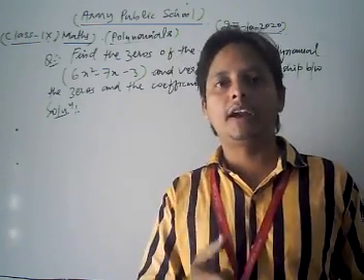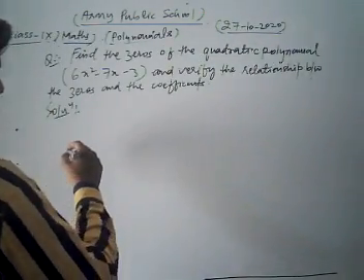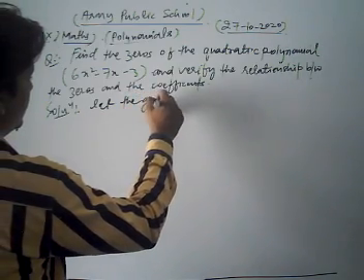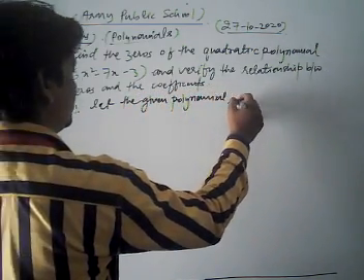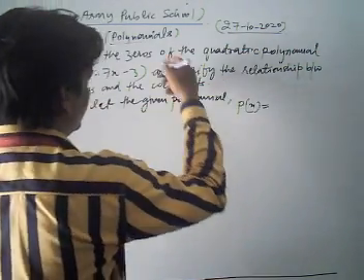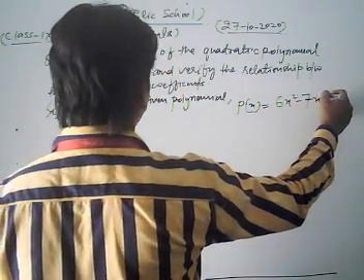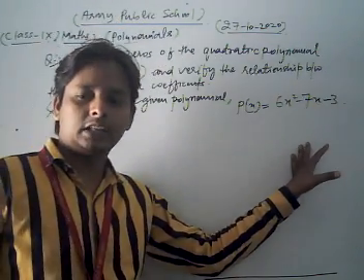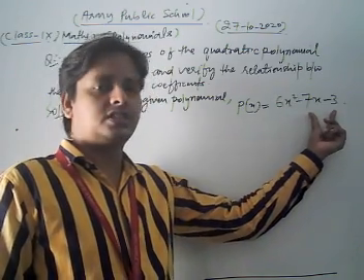Let the given polynomial be p(x) equal to 6x square minus 7x minus 3.